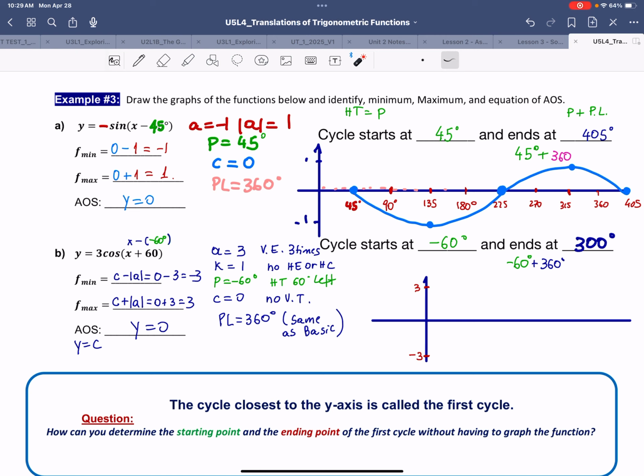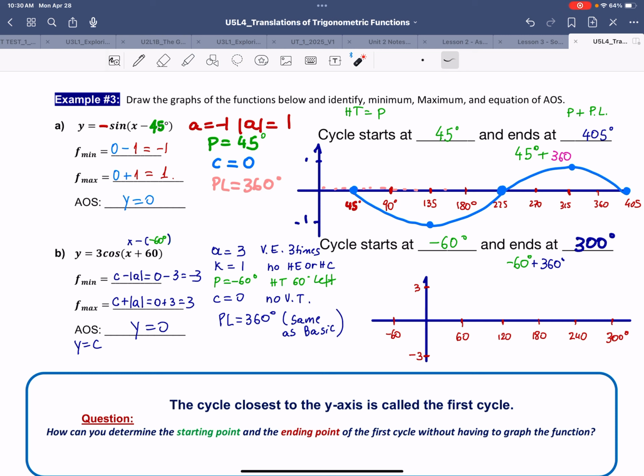For the x-axis, we need to make sure that we have 60 degrees to the left. So I'm going to go 60 right here. Negative 60 degrees, that's 0. So that means that's 60. And then I have 120. And then I have 180. And then another 60, 240. Another 60 is 300. And I think that's all I need because the cycle is ending at 300 degrees.